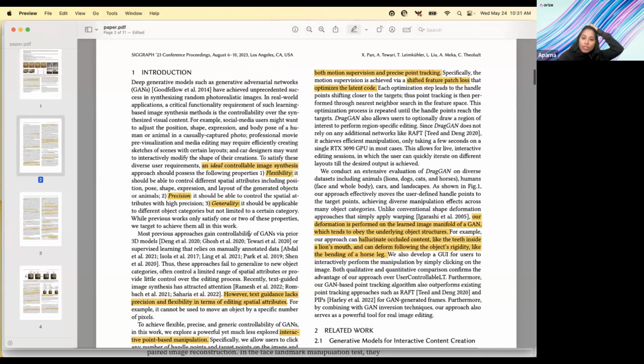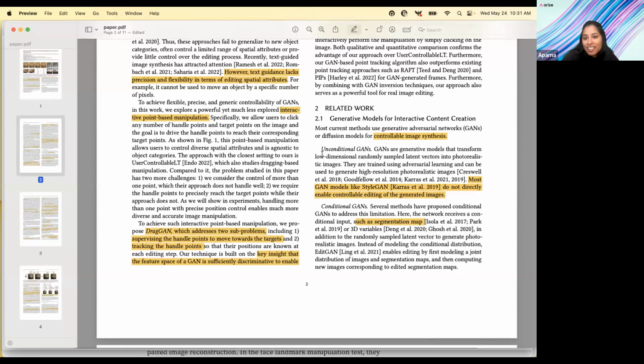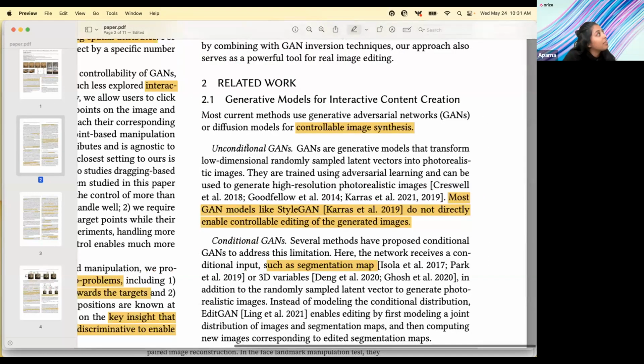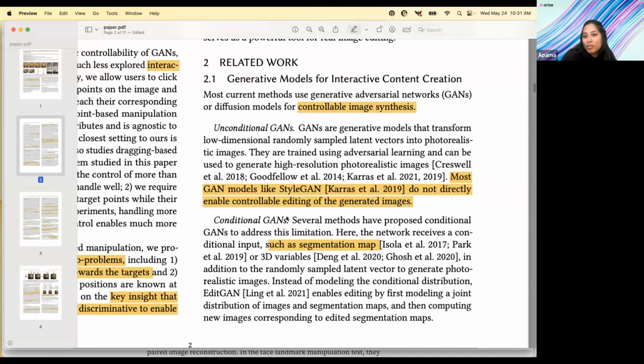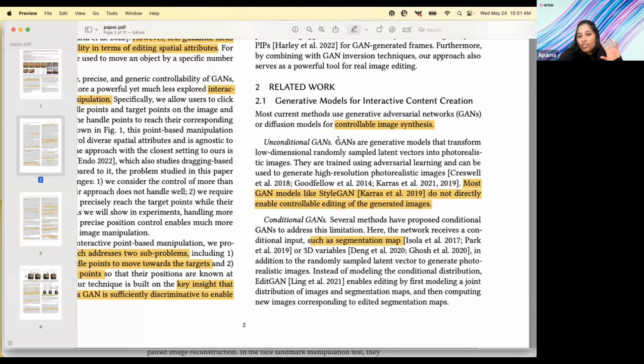And what existed in the past, before this paper existed. So they broke up the world of GANs into a couple of categories here. First is what you could call unconditional GANs, like StyleGAN and StyleGAN2, where you can't really edit the actual images, so you can't really take in human input and manipulate.